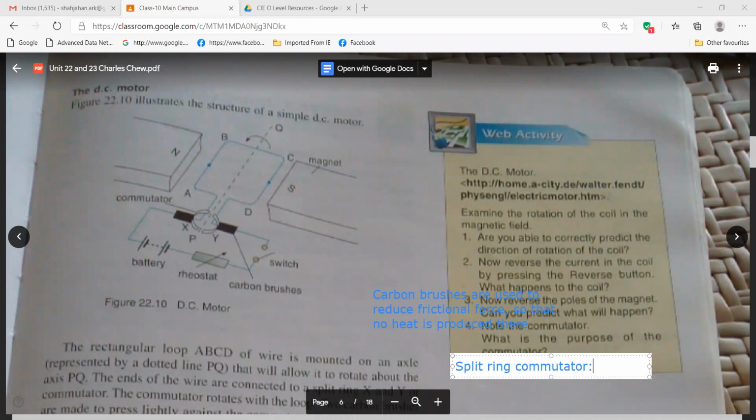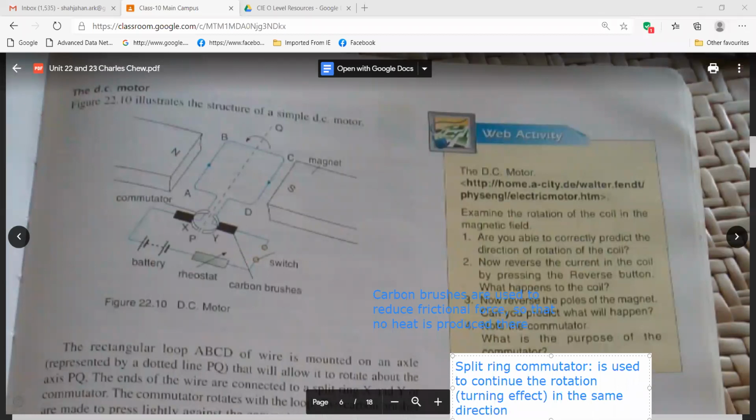Split ring commutator is used to continue the rotation turning effect in the same direction.